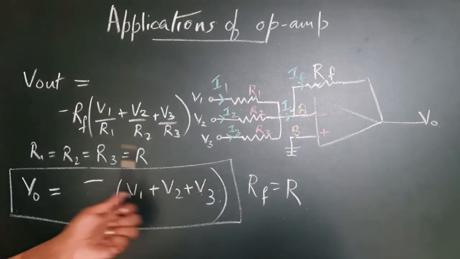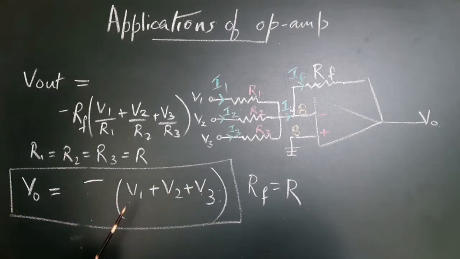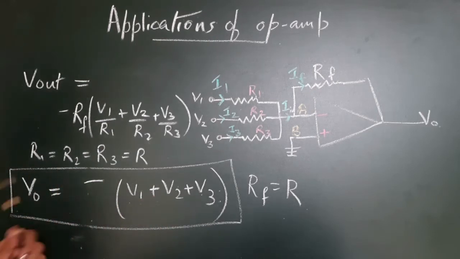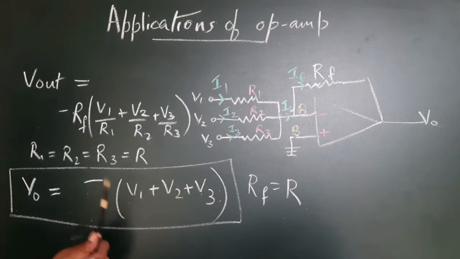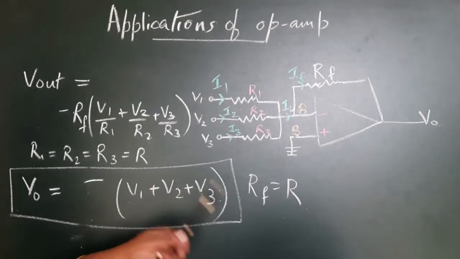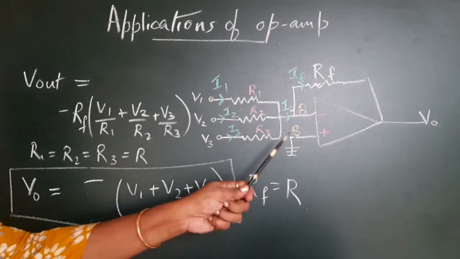So this is a summing circuit. Of course, there will be a phase change between the input and the output. This is a point to be noted. Vout is equal to minus of V1 plus V2 plus V3 in the case of this circuit.